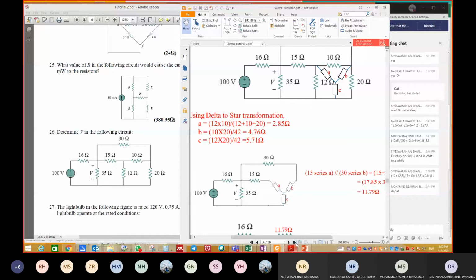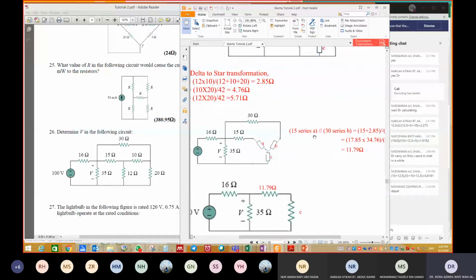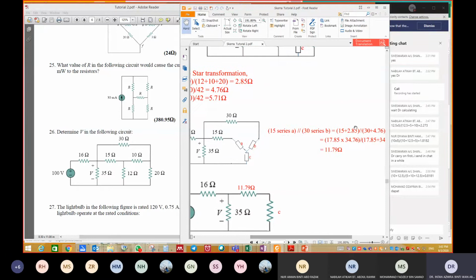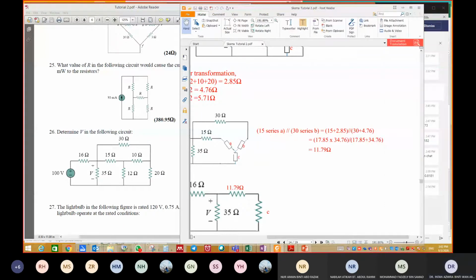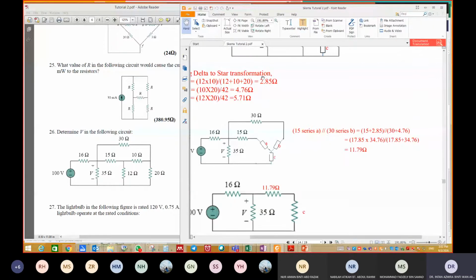So 15 plus R_A is parallel with 30 plus R_B, right? R_A is 2.85, parallel with 30 plus R_B, where R_B is 4.76. Make it parallel and you get 11.79.